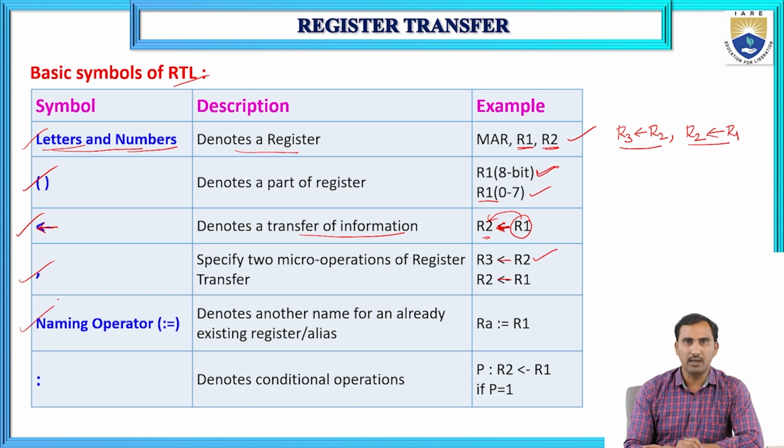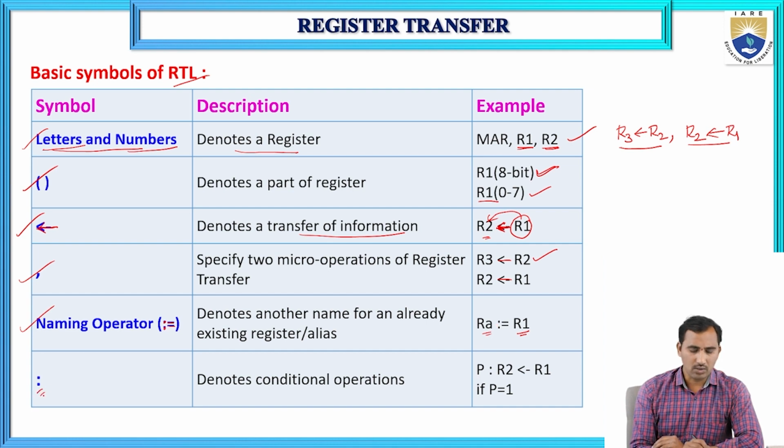Next, the naming operator is a colon followed by equal to. It denotes another name for an already existing register, or an alias. For example, RA naming operator R1.